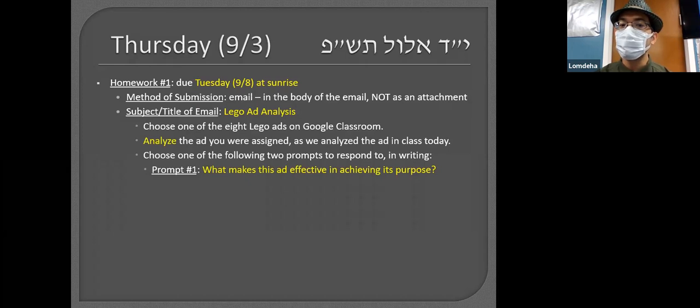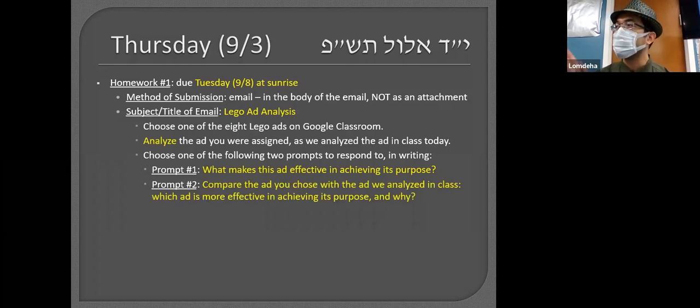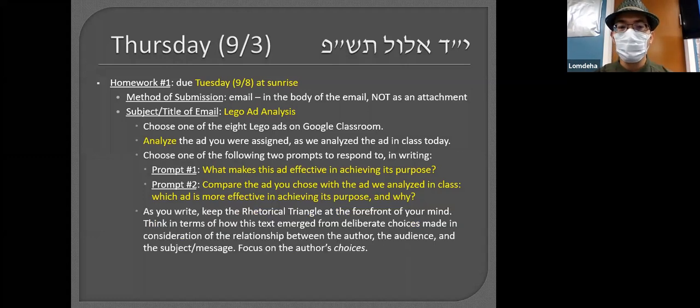Prompt 1 is answer the question, what makes this ad effective in achieving its purpose, which is kind of what we talked about today. Or if you want to compare the ad that you choose to the one we did today, then that's another option. Because sometimes it's easier if you're comparing the two, like the techniques that they use or how effective it was, and make an argument about which ad is more effective in achieving its purpose, okay?